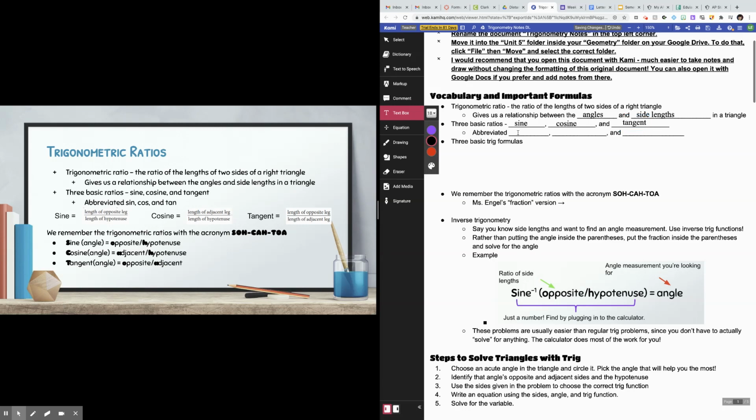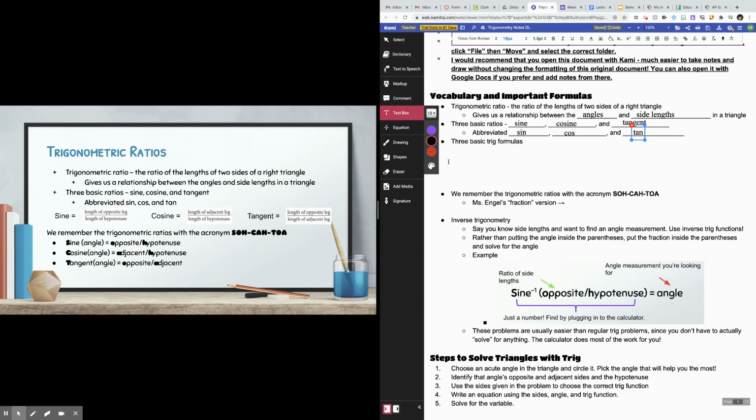They are abbreviated using the first three letters of each word: sine is abbreviated SIN, cosine is abbreviated COS, and tangent is abbreviated TAN. There are three basic formulas or relationships that are always true: one for sine, one for cosine, and one for tangent.